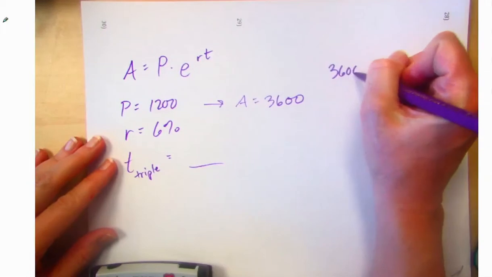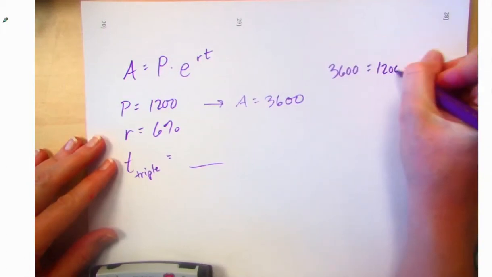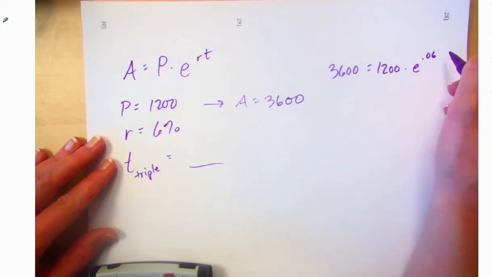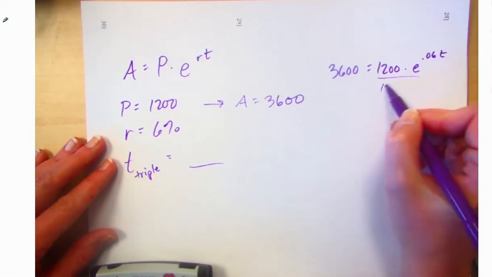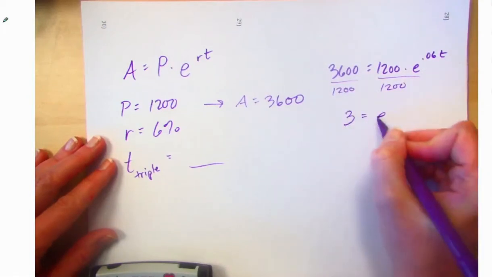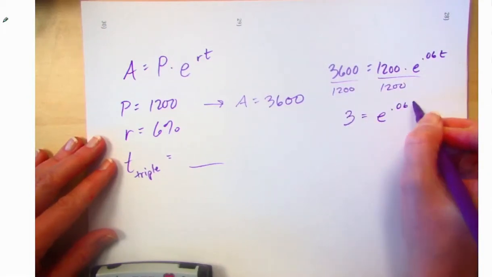So 3,600 equals 1,200 times e to the 0.06 t. All right, don't have a brain malfunction and write 0.6, okay? Be on the lookout for that. So divide both sides by 1,200, and we get 3 equals e to the 0.06 t.